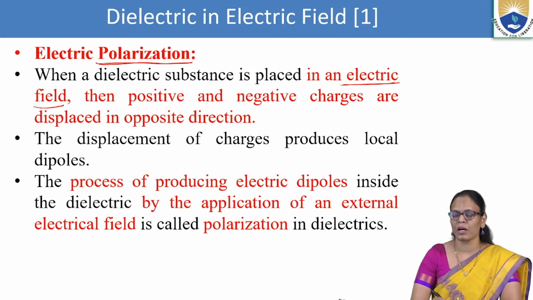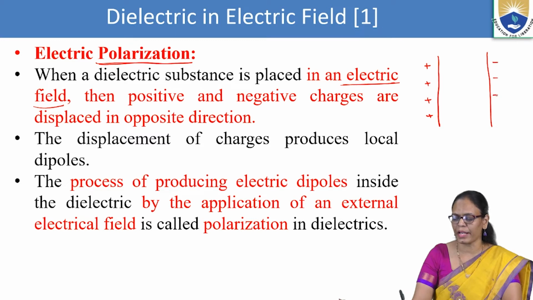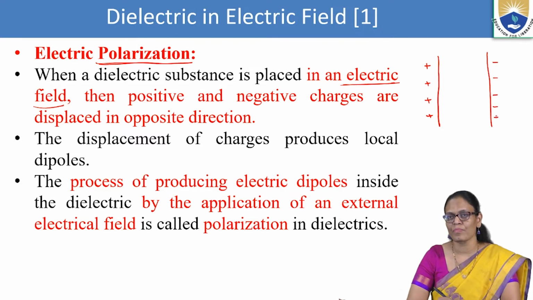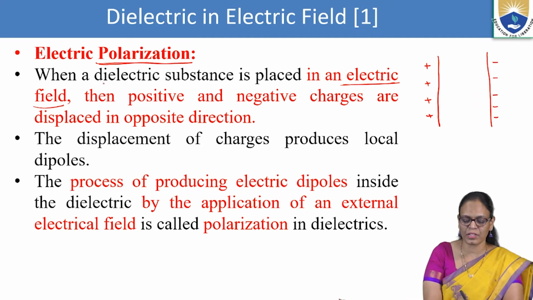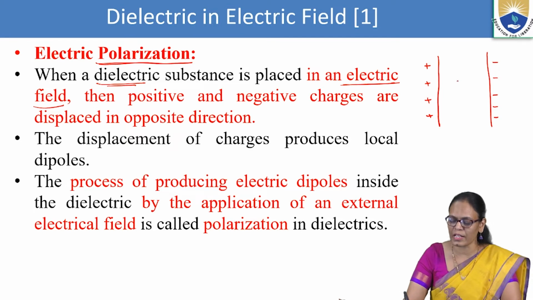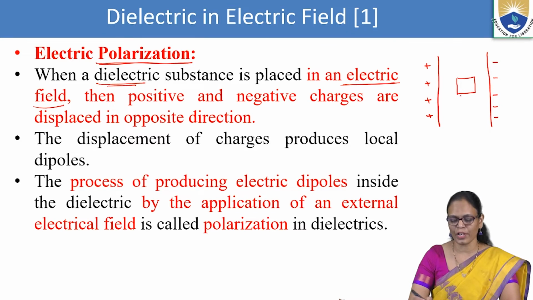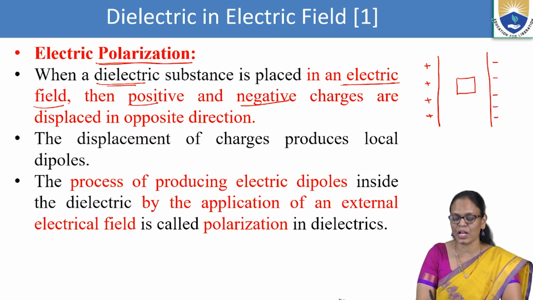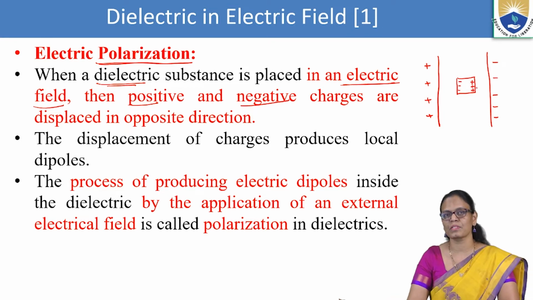Here there is an electric field, with the positive and negative plates, and in this field we place a dielectric substance. Then towards the positive plate we get the negative charges and towards the negative plate we get the positive charges.